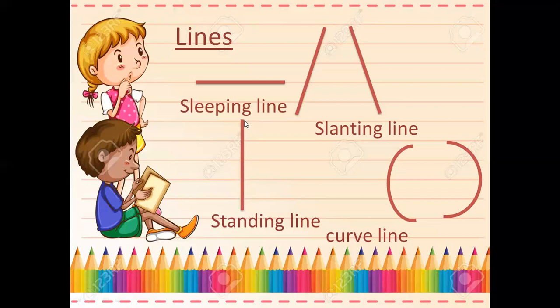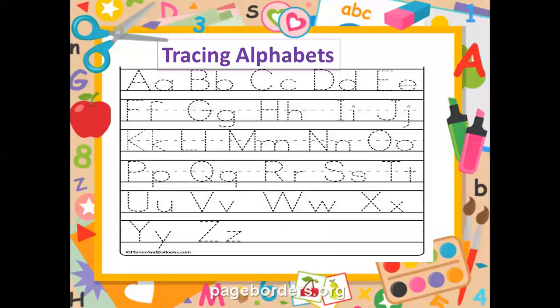It is too simple. It is called standing line. Now, these two lines are called curve line. Did you recognize it? Yes? Well done. Now, let's start our alphabet writing formation with tracing.